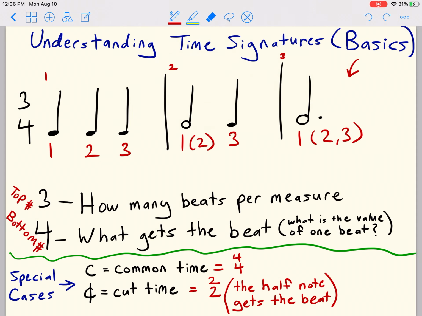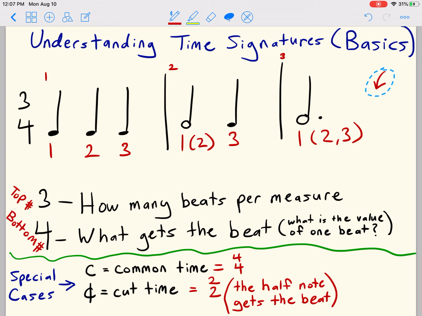Actually, let's go ahead and listen to me count this for you. I'm going to count you off in 3/4 time, so I'm going to give you 1, 2, 3, 1, ready, go. Here we go. 1, 2, 3, 1, ready, go. 1, 2, 3, 1, 3, 1.